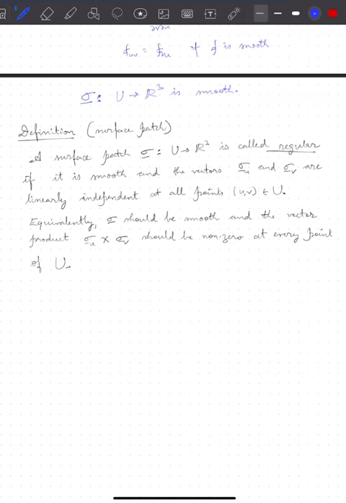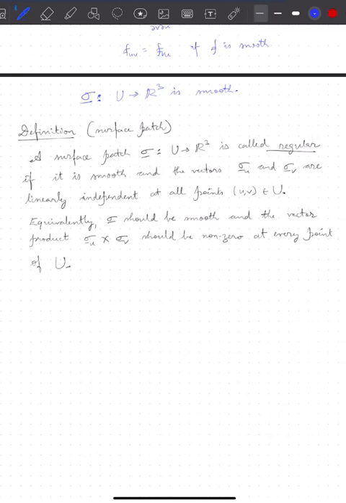Any surface patch is called regular if it is smooth and the vectors sigma u, which is nothing but partial sigma by partial u, and sigma v are linearly independent at all points (u, v) in U. Equivalently, sigma should be smooth and the vector product sigma u cross sigma v should be non-zero at every point of U. So that's what we mean by regular surface patches.